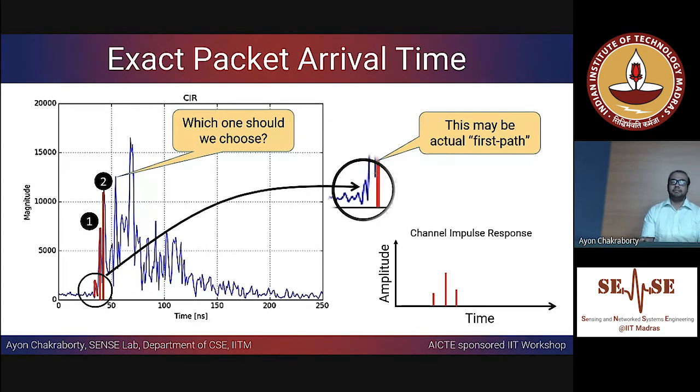That is their patented algorithm that is going to be used to calculate the exact packet arrival time, and often these are proprietary algorithms. So in a nutshell, I told you what the problem is about, and you can always write your own algorithm. There are many peak detection algorithms available.